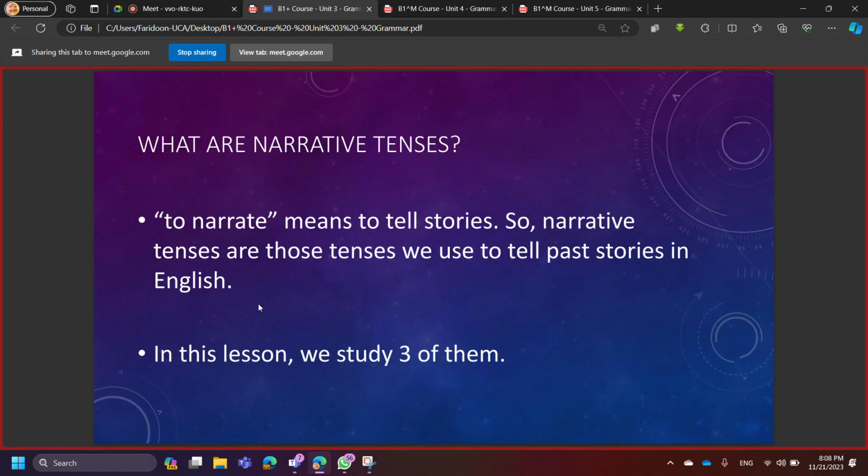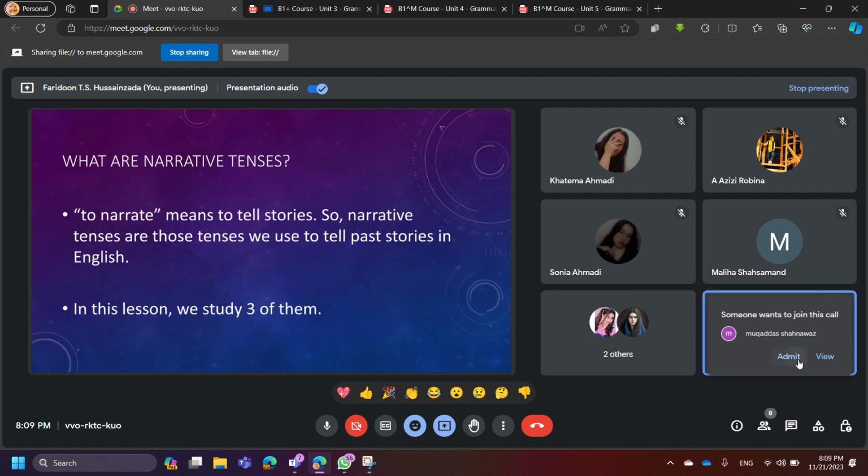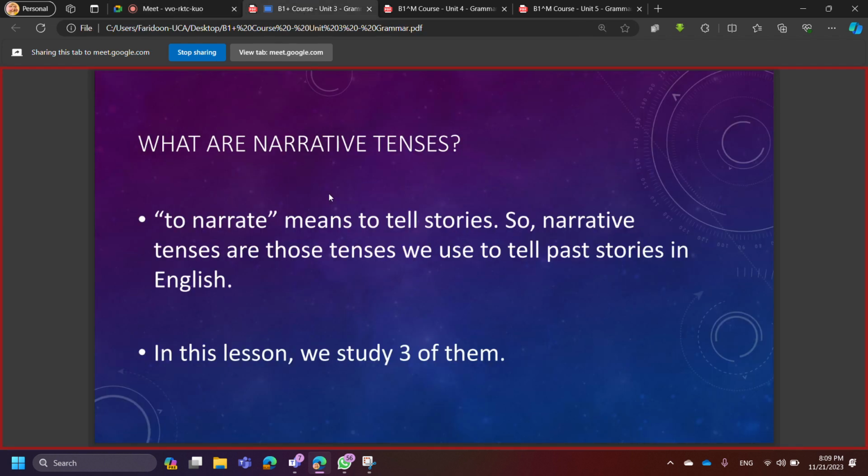Now, narrative tenses, guys, are not very hard, but the first thing we should know is the name, what it means and why it's important. Narrative tenses is taken from the word or the verb narrate. To narrate means to tell stories.